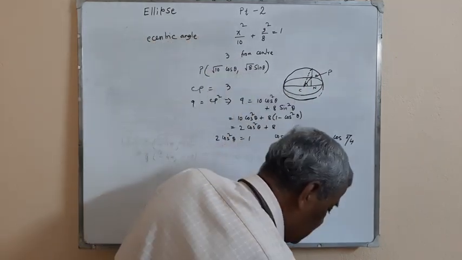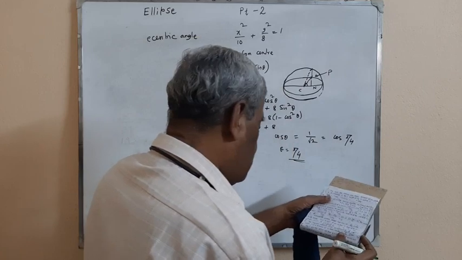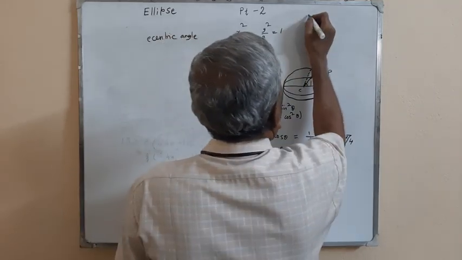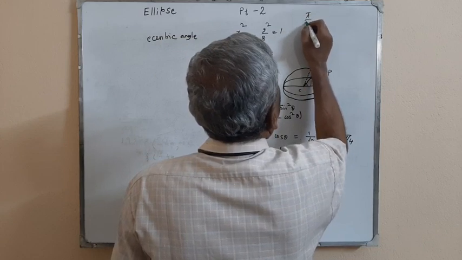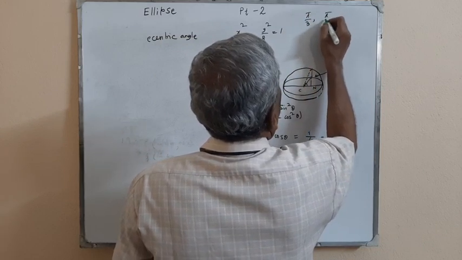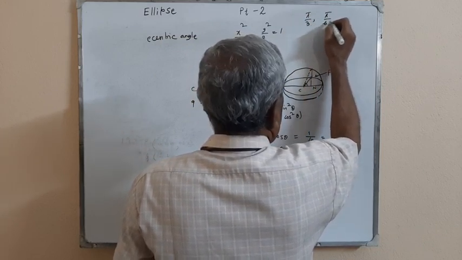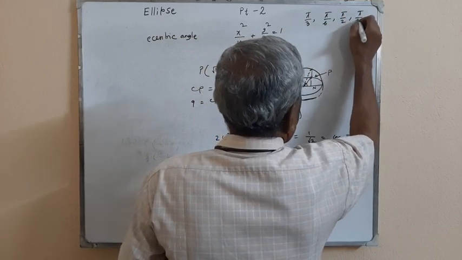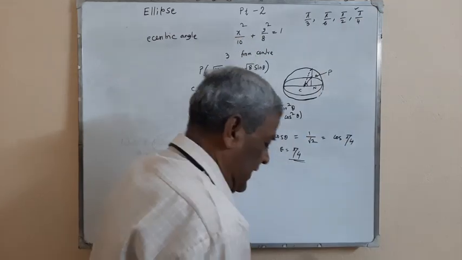Oh, sorry, options were not given. The options were pi by 3, pi by 6, pi by 2, and pi by 4. So this is the correct option.